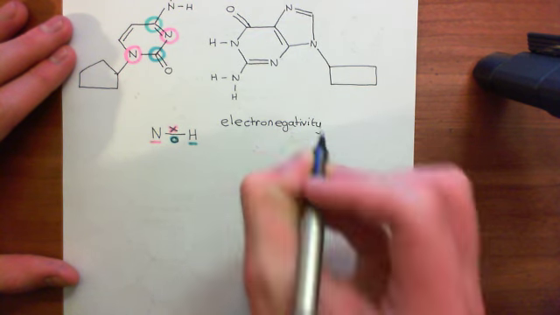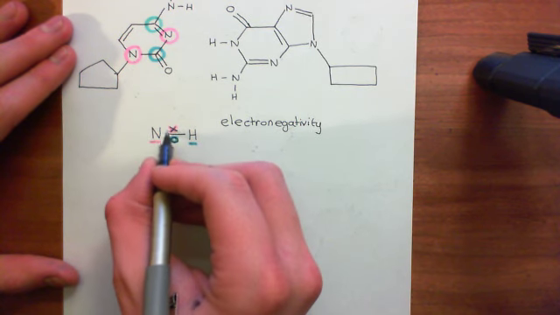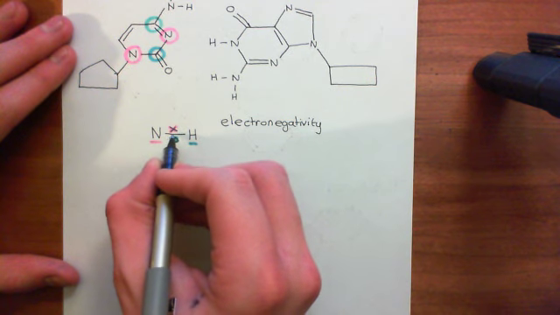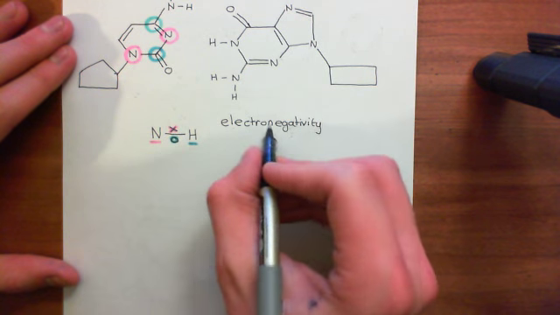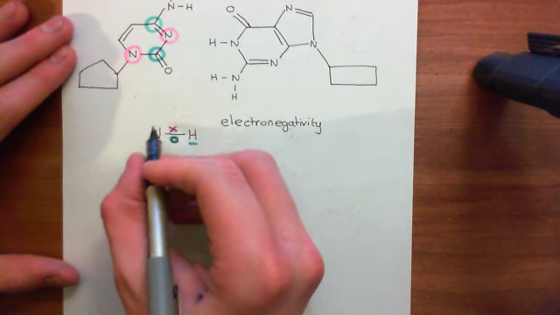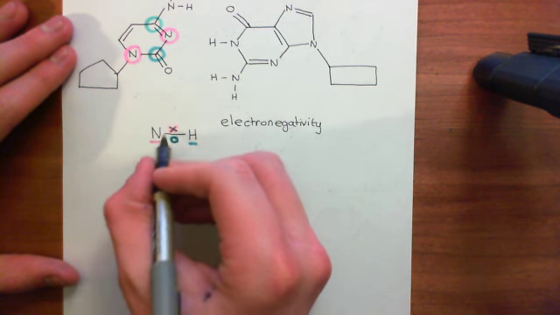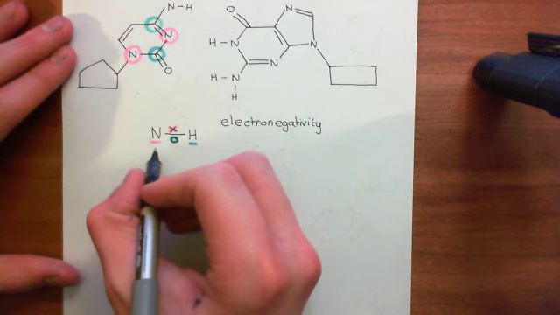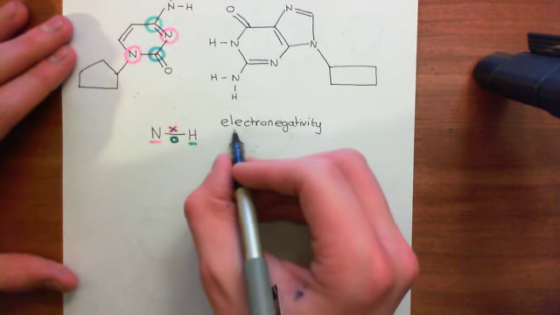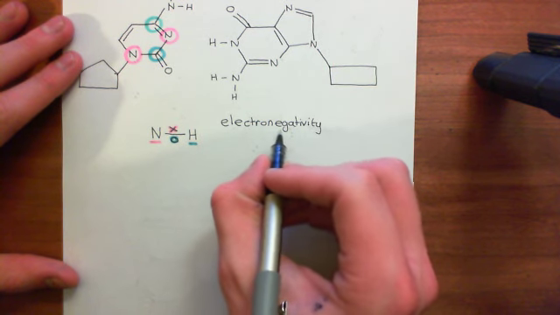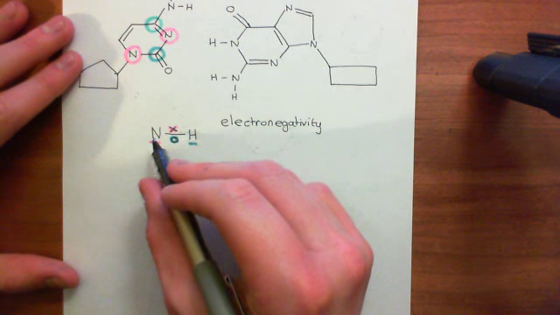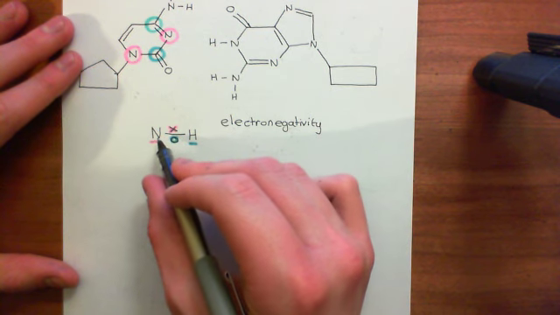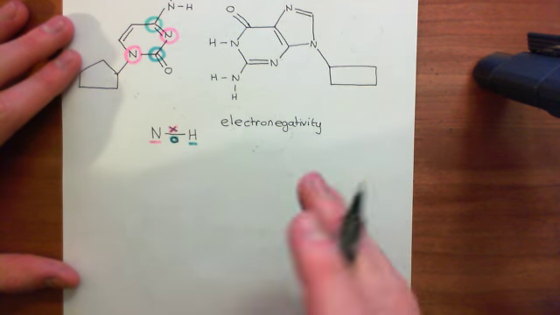Electronegativity means how much the atom attracts the electrons in the covalent bond. So this takes into account both the attraction towards the protons and the shielding by the electrons that orbit that nucleus. So electronegativity means how strongly an atom will pull the electrons in a covalent bond towards it.